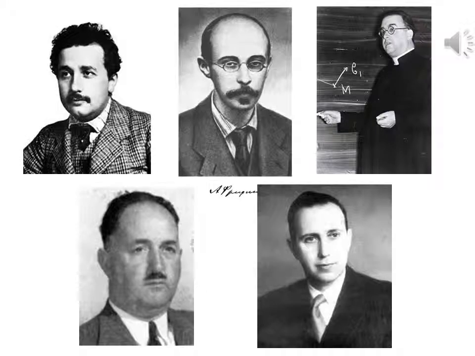The 5 pictures in this slide are of the people most important in the development of the expansion of the universe theory. First, of course, on the upper left corner is Albert Einstein, a graduate of Polytechnic in Zurich, no PhD, worked as a patent clerk, got a job as a visiting professor later on, and only after his great discoveries did he get an actual position as a professor of physics.